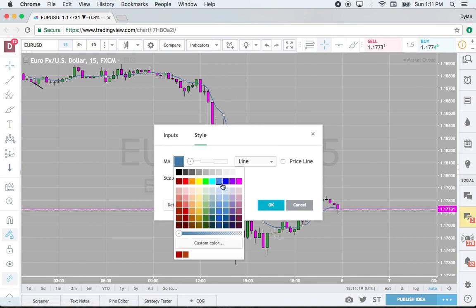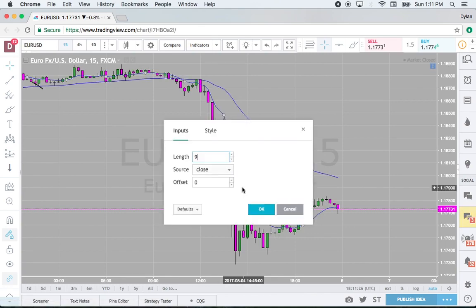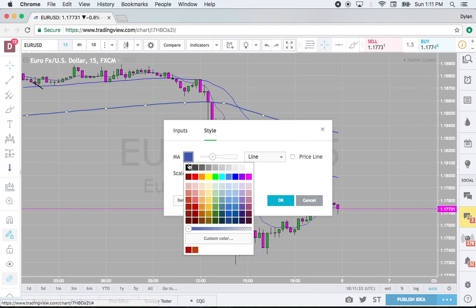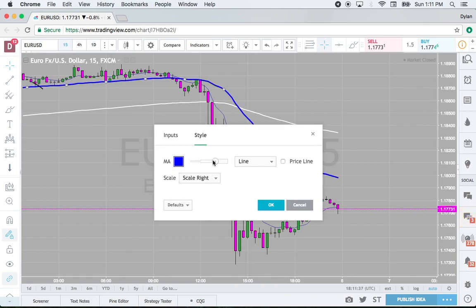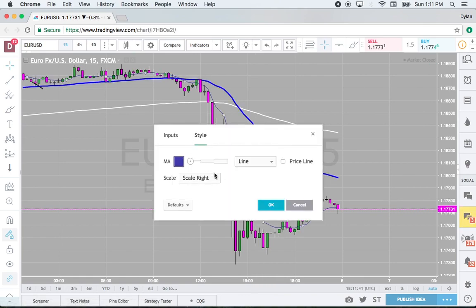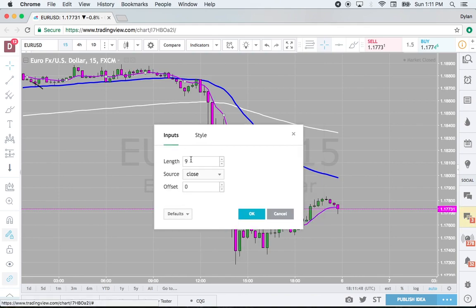The first one will be blue. It is the 50. The second one will be white. It is the 200. And then the last one is the purple, the extreme 800.